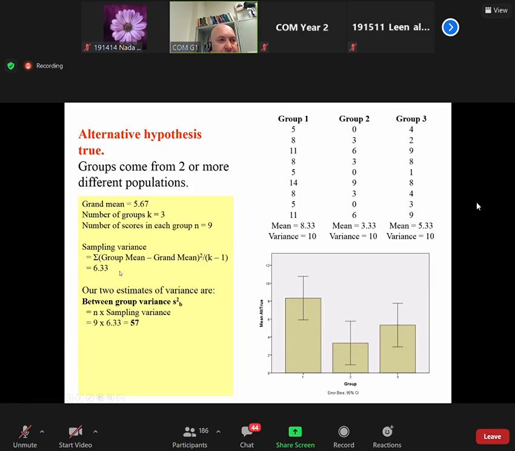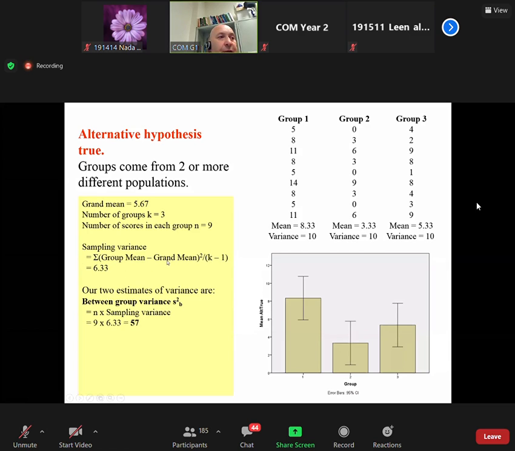Okay, well, that happens to be the same number. It's not the same number, but it's got in a different way. So what it is is this formula here. It's the sum of the squared differences of each of the means from the grand mean, divided by k minus 1. I couldn't do this in my head.